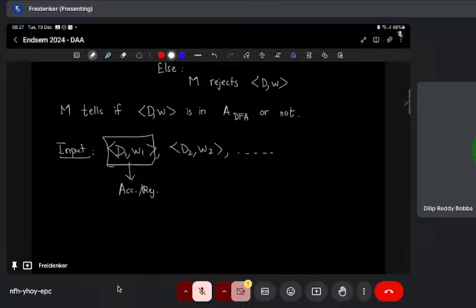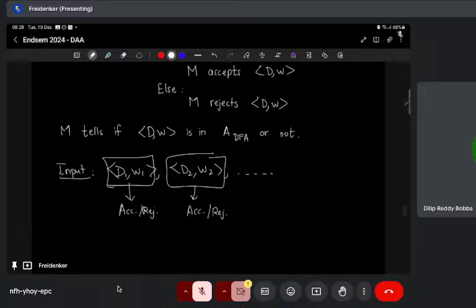What does it mean when a Turing machine is either accepting or rejecting? It means you're either moving into the Q accept state or the Q reject state. And what happens when you go into Q accept state or Q reject state? The machine halts. So if you look at this, the Turing machine is halting at every input. And what is a Turing machine that halts at every input? It's a decider.